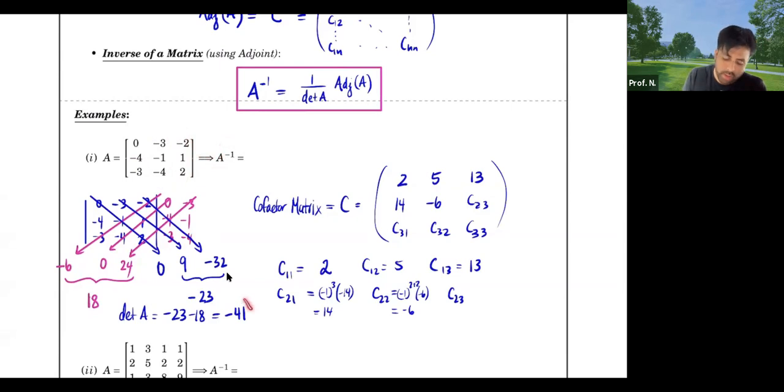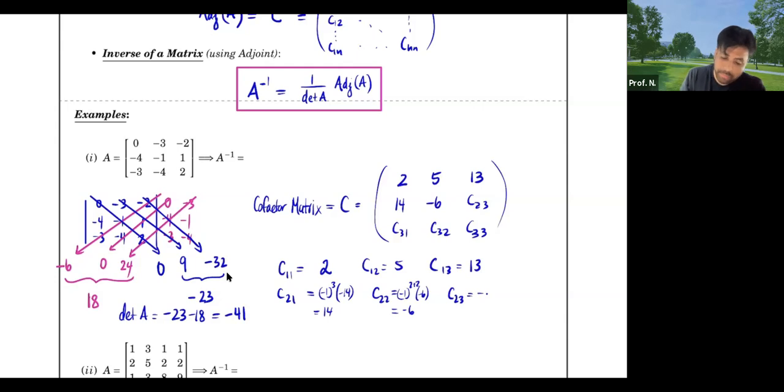And look at this fraction here, -41. That's crazy. Because the idea is you're going to take this cofactor matrix, transpose it, and then multiply that by 1 over -41. Imagine trying to come up with that utilizing the inversion algorithm. It's not going to be pretty either. So this is actually much better, even though it seems kind of not that interesting.